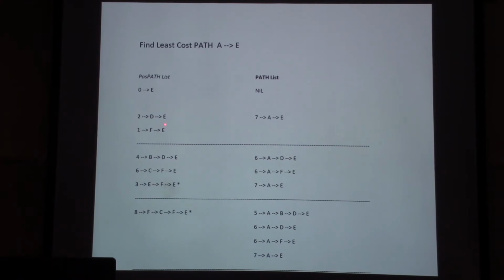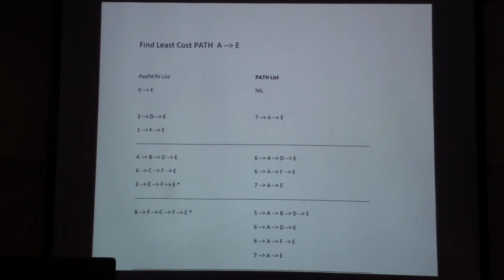For the next iteration, I need to get access to D and to F. Notice that after the second iteration, I have 1 more possible path than before, but I also have 2 more paths. Once I go into the path list, I never leave the path list.